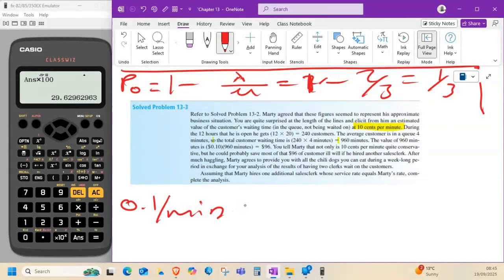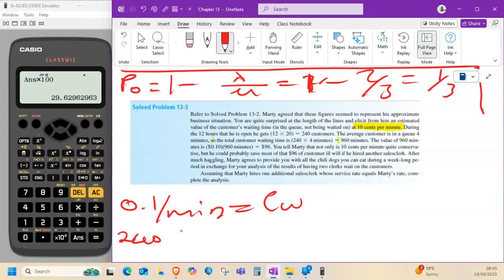It's the cost of waiting. During the 12-hour shift, he gets 240 customers, and the average customer in his queue waits 4 minutes.